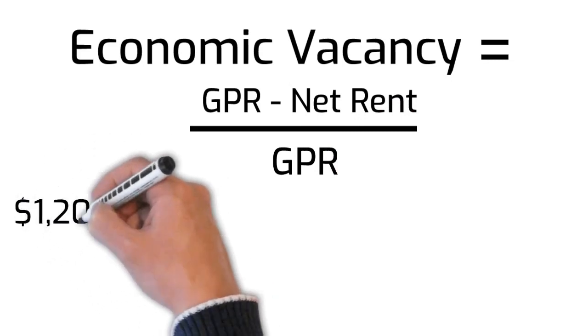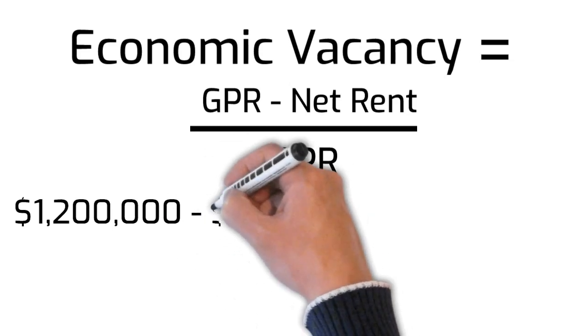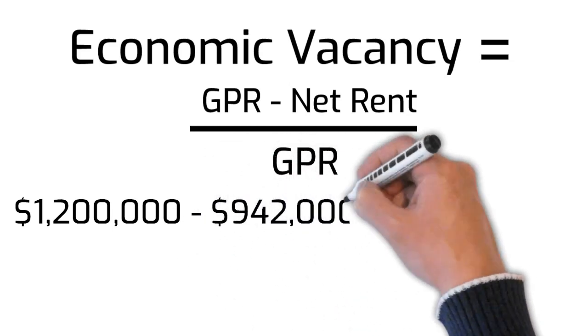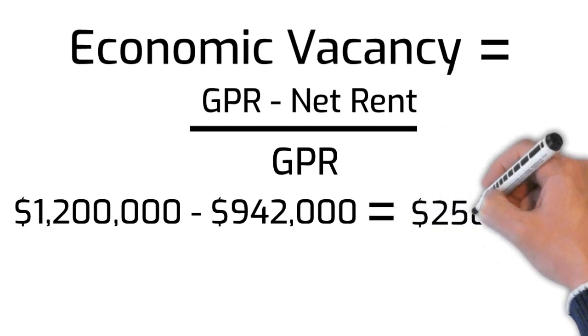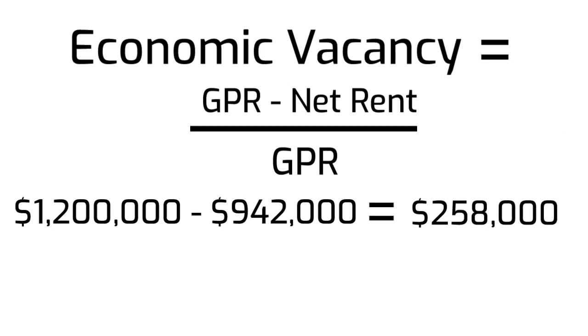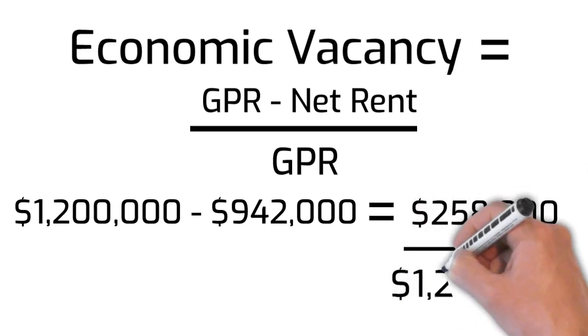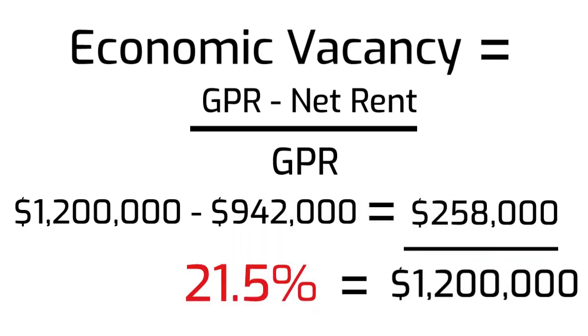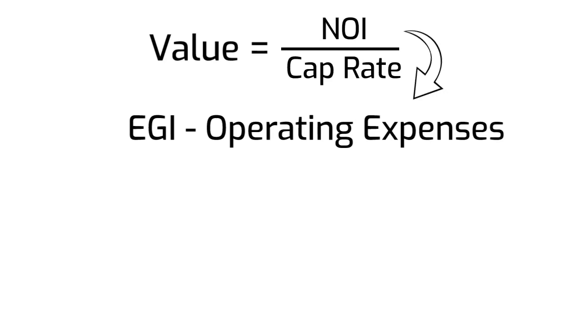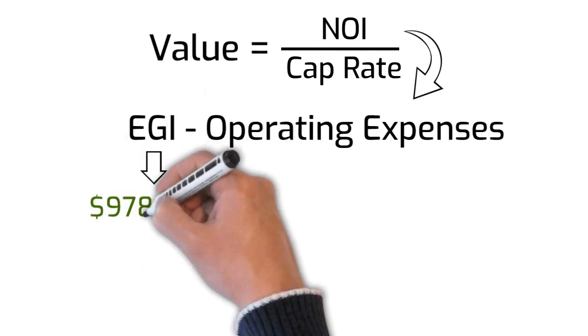So in this example, our annualized GPR, 100,000 times 12, is $1.2 million minus the annualized net rent of $942,000, which equals $258,000. We divide that by the GPR of $1.2 million, and we get an economic vacancy of 21.5%. We like to see this number down around 10% once we have stabilized the property, so this indicates there is room for improvement. But let's get back to determining our NOI.